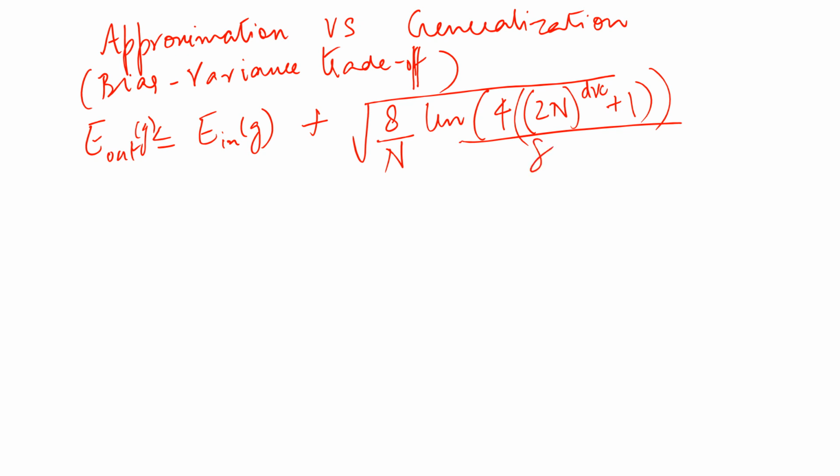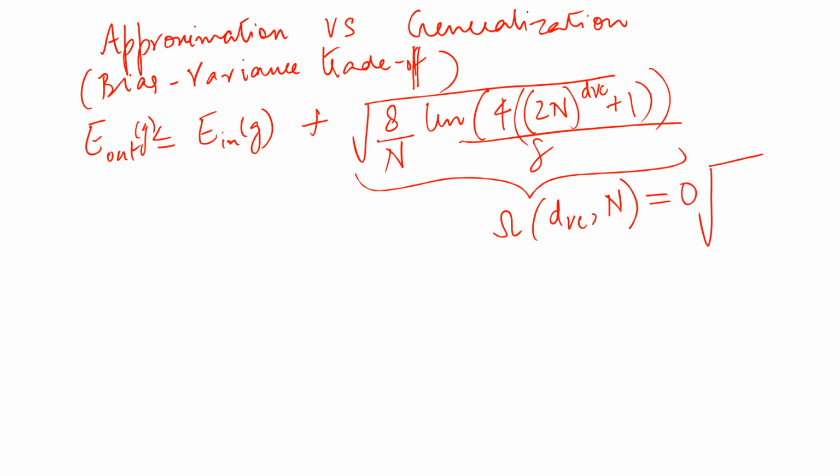Now this is the error bar, right? Inside this bar is the actual approximation versus generalization. This entire thing we can denote by omega, and it is a function of the VC dimension and the number of data points we're working with. And this is also of the order, and this is a known result now, of log n over n. Okay, so as I said, this represents the approximation versus generalization.